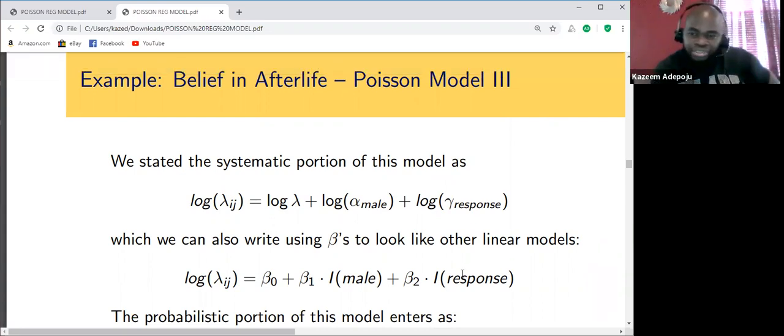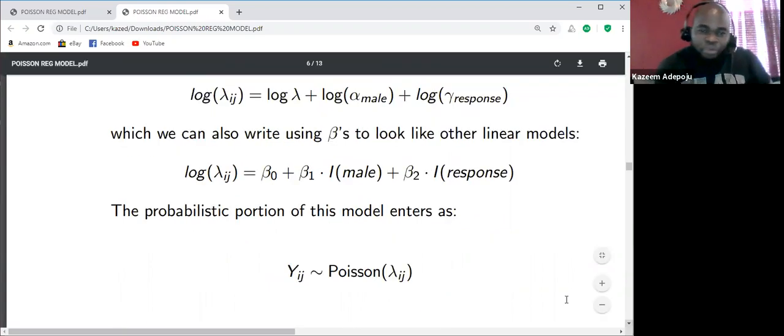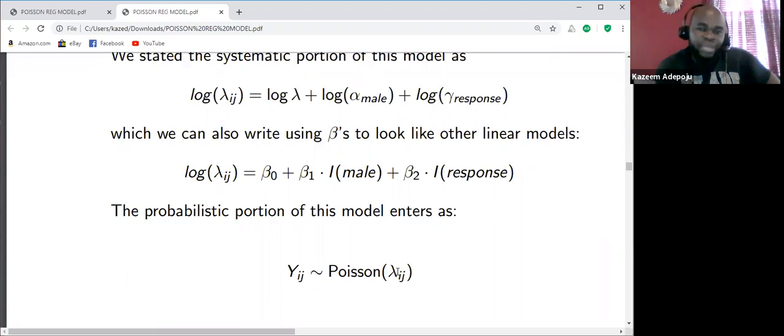But don't forget that the probabilistic portion of the model still remains: Yij follows a Poisson distribution with this as the expected count for a particular cell. I think you know that.